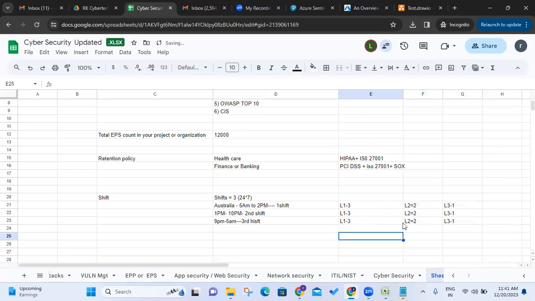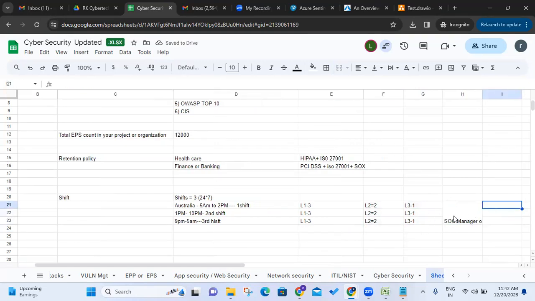Now total how many? 18. To take care of this entire team, who is required? The SOC manager or L4. How many persons? Only one. So altogether 19. This is the way you can calculate properly and give the answer.